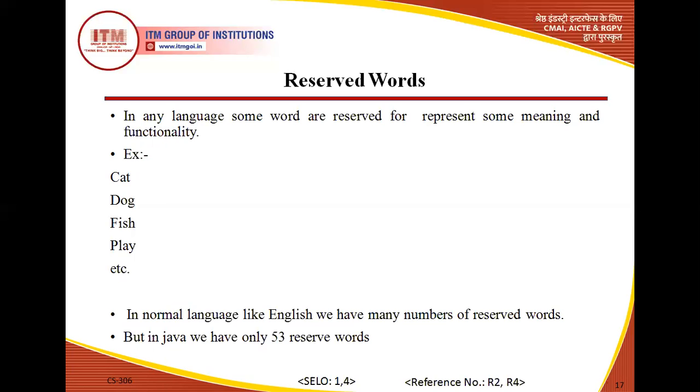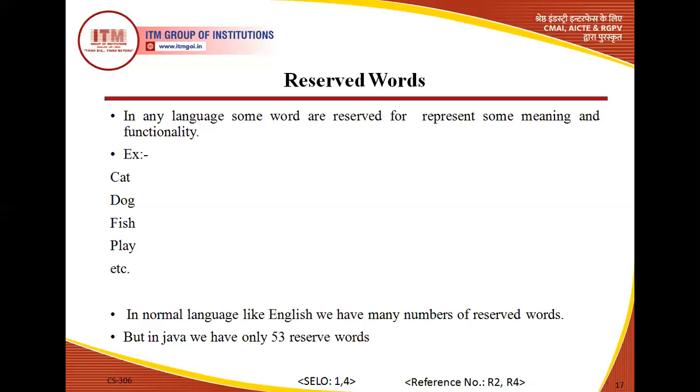In the same way, any language has some words that represent meanings and functionality. If we say mango, mango is a fruit and a picture comes to mind. If we say pineapple, that is another fruit name. If we say Sebi, that is a first name.